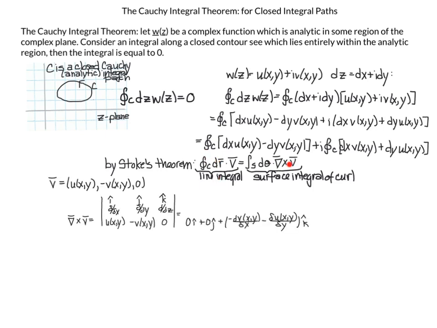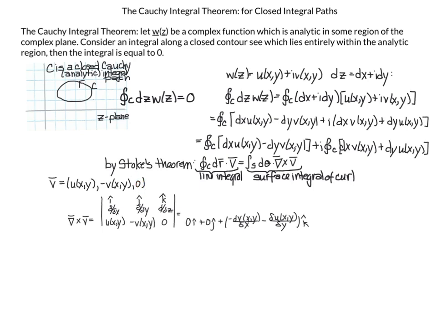So when we use this, we're going to use our w as our vector field because it does define an x-coordinate and a y-coordinate, and technically you can say it defines a z-coordinate, it's just equal to 0.